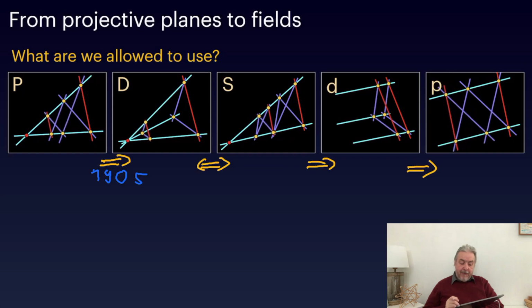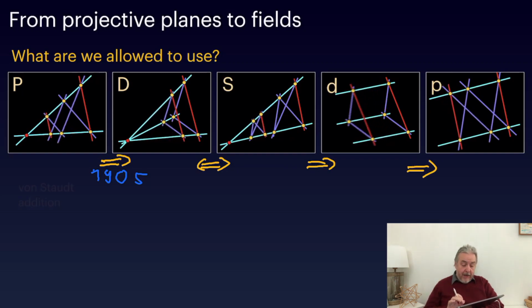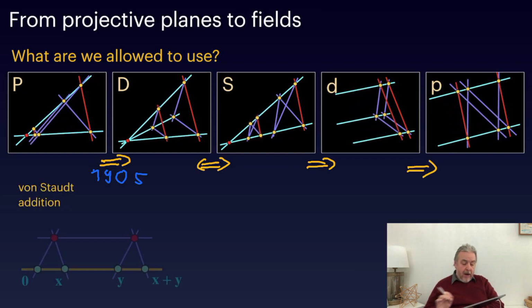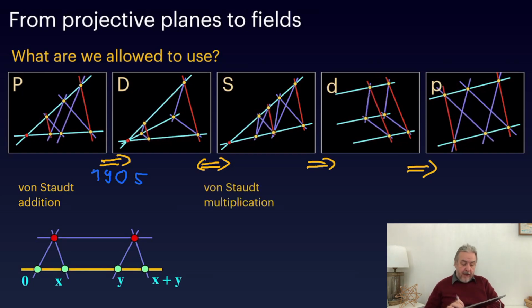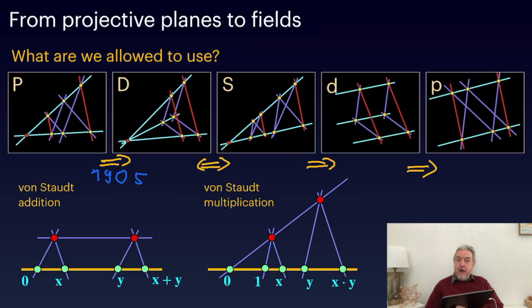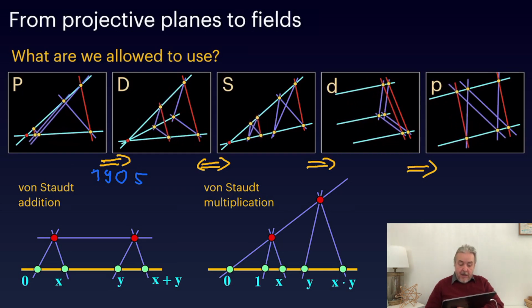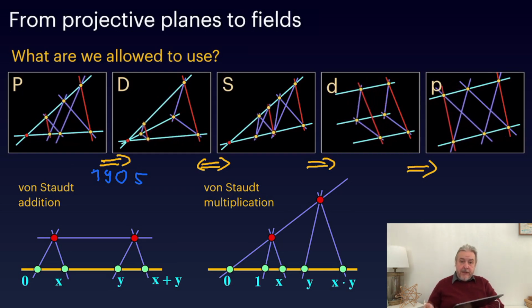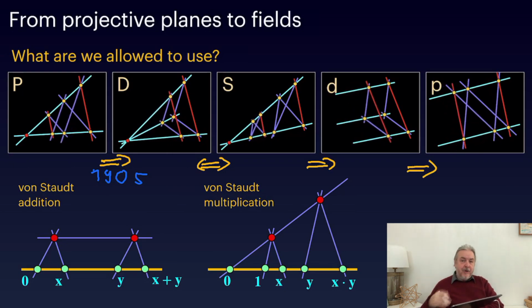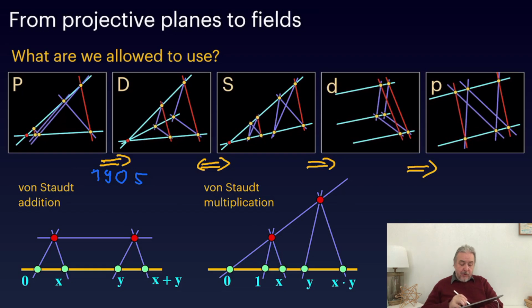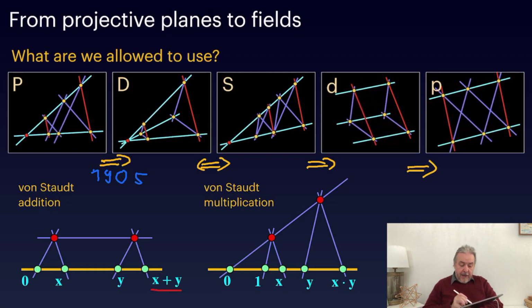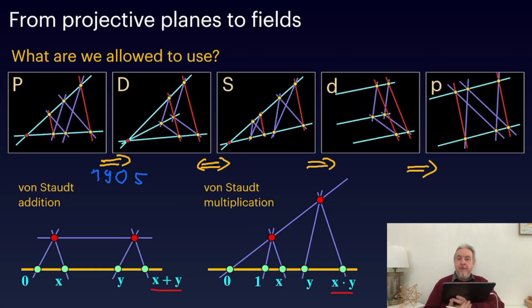One of them is enough. So what else are we allowed to use? We are allowed to use the von Staudt construction for addition and multiplication, and we will use them as a construction procedure to define what we mean by addition and multiplication.